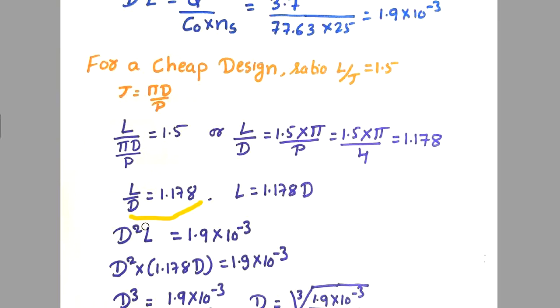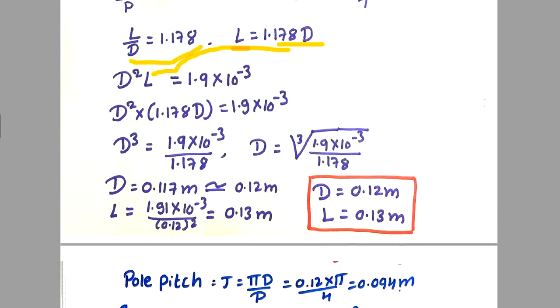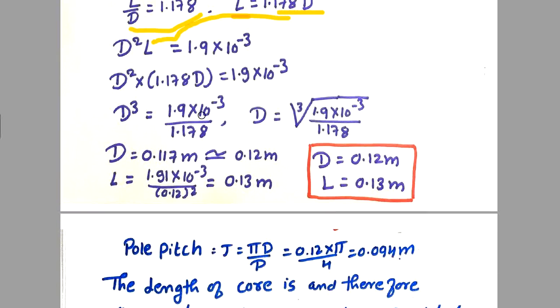Now place this L in the D square L equation. You will get D square into 1.178 D. So finally, D cubed equals 1.9 into 10 raised to minus 3 divided by 1.178.